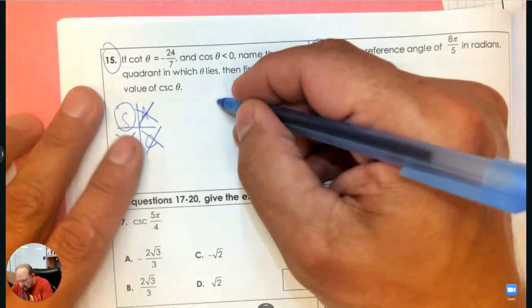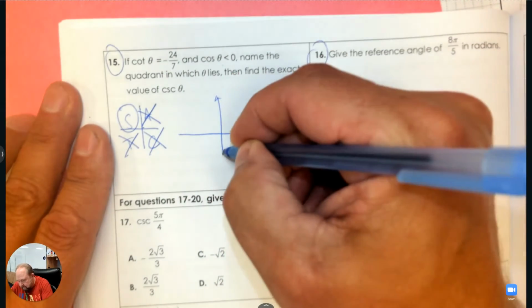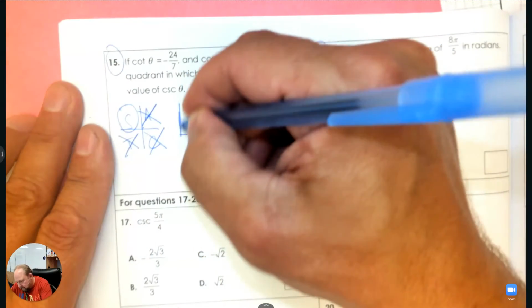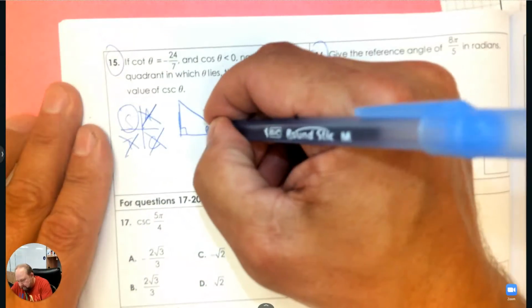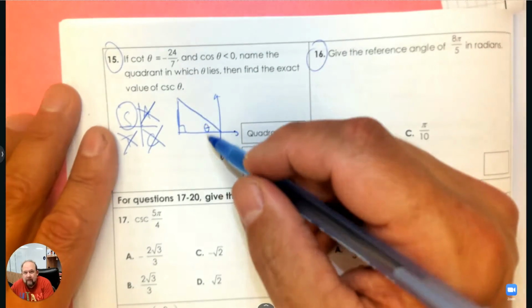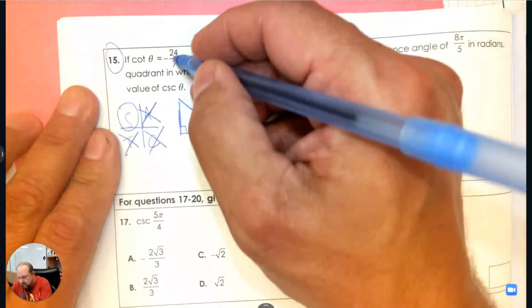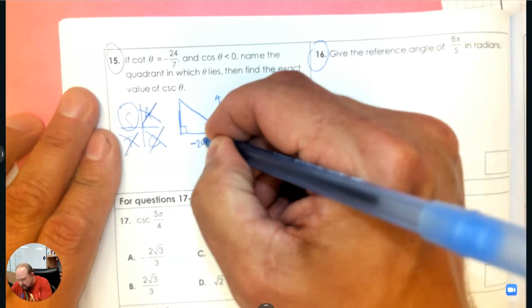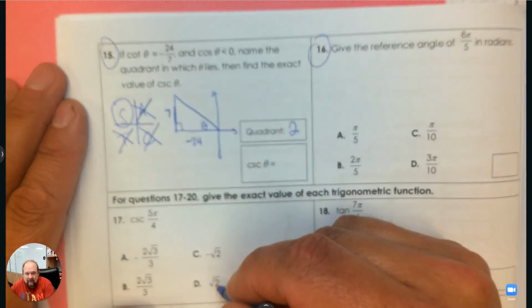Then, when I draw this in quadrant number 2, cotangent is x over y. So the x is -24 and the y is 7.